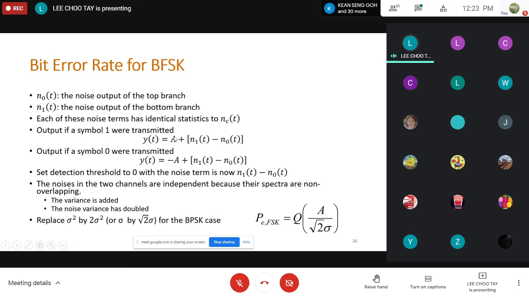The amplitude is either A or minus A, so it is the same as the BPSK amplitude, except for the noise. The noise is a bit more compared to PSK, so the root 2 sigma represents that the variance of the noise is double.